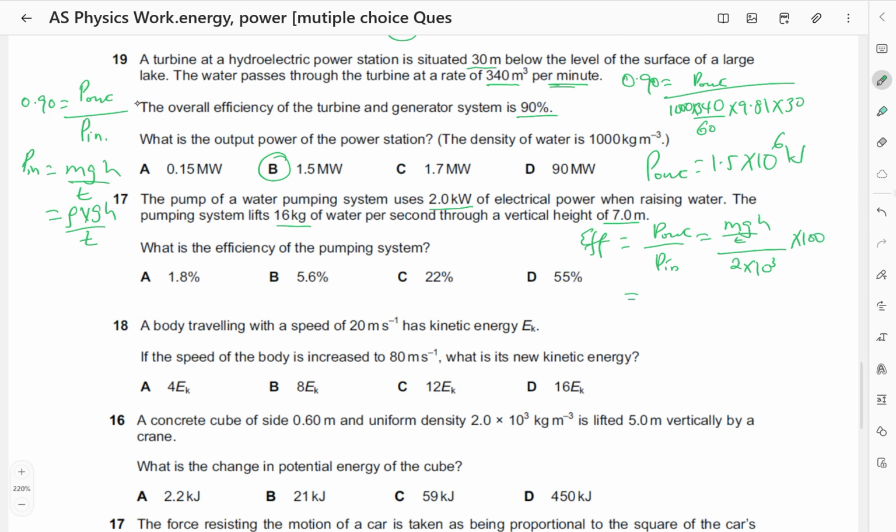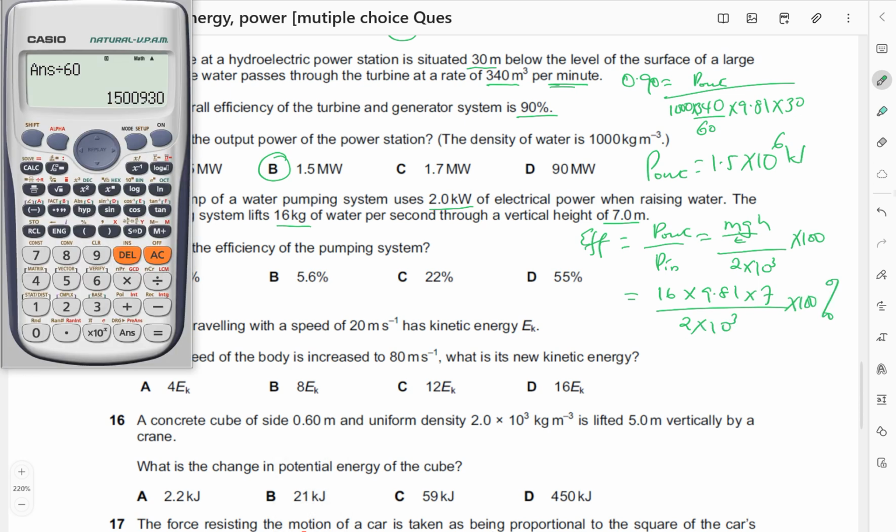So m over T is 16 times G, which is 9.81, times H, which is 7, divided by 2 times 10 power 3, times 100 to make it a percentage.